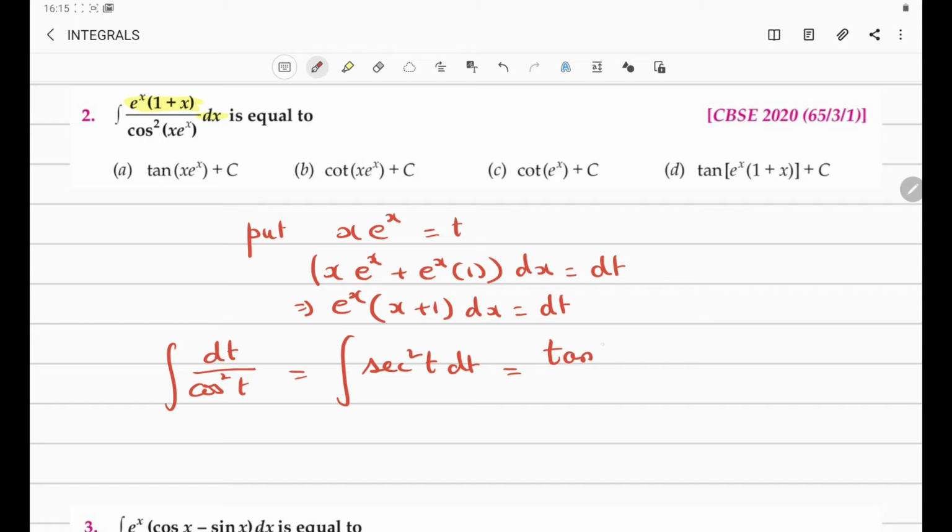So it's tan t plus constant of integration c, that is tan of t is given by x e power x, x e power x plus constant of integration c. So the right answer is option A. Option A is the right choice.